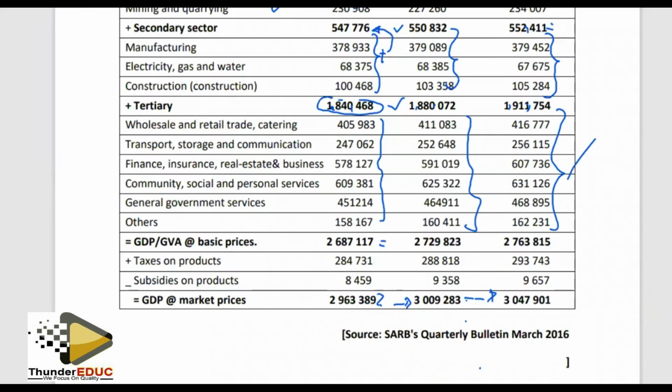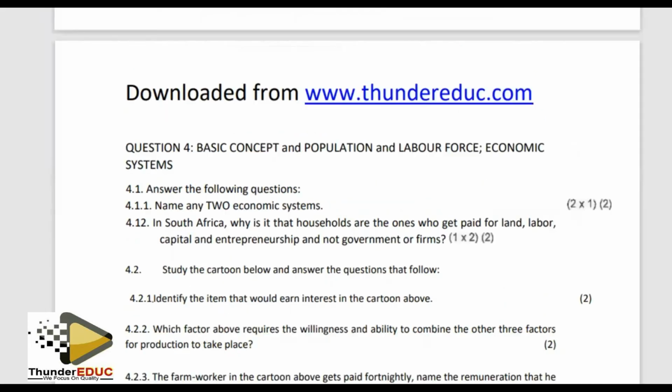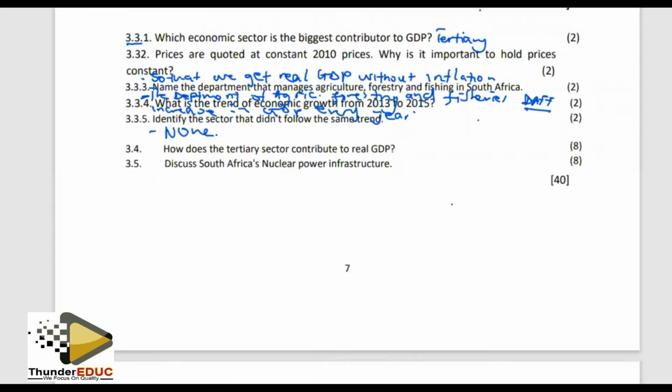So because of that question, I've been excused there. Want to look at the next question here, which says, how does tertiary sector contribute to the real GDP?